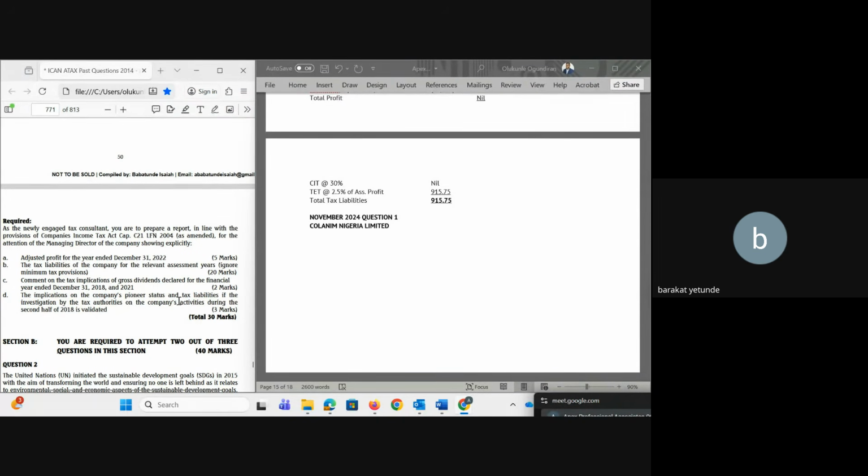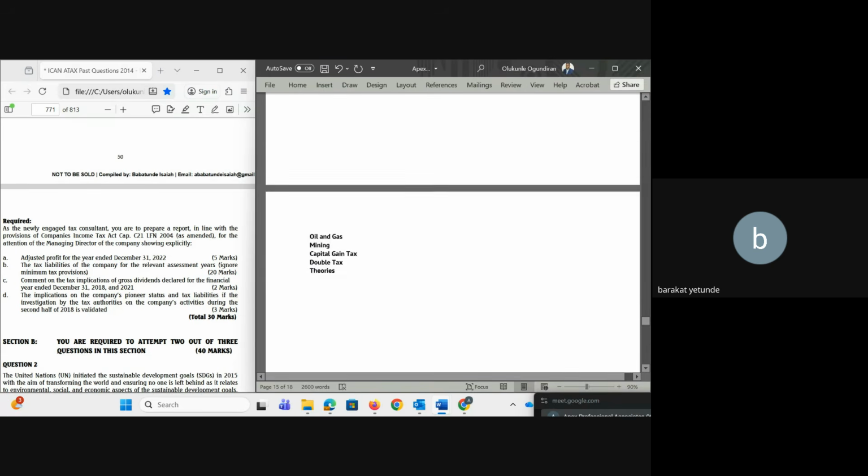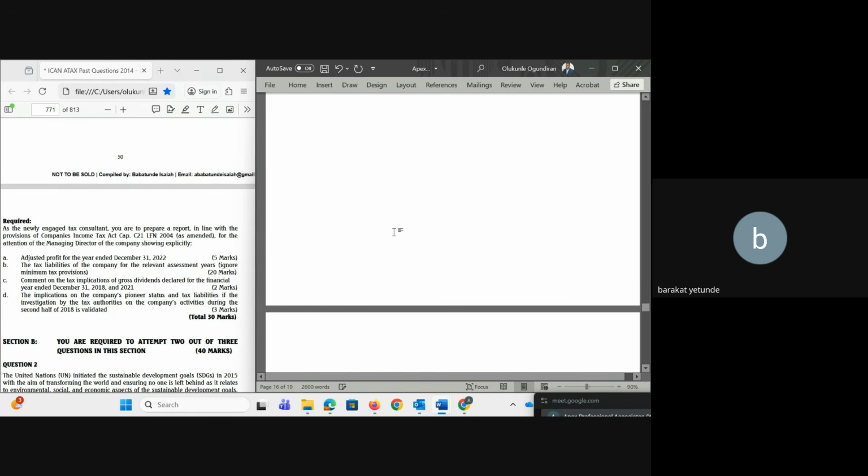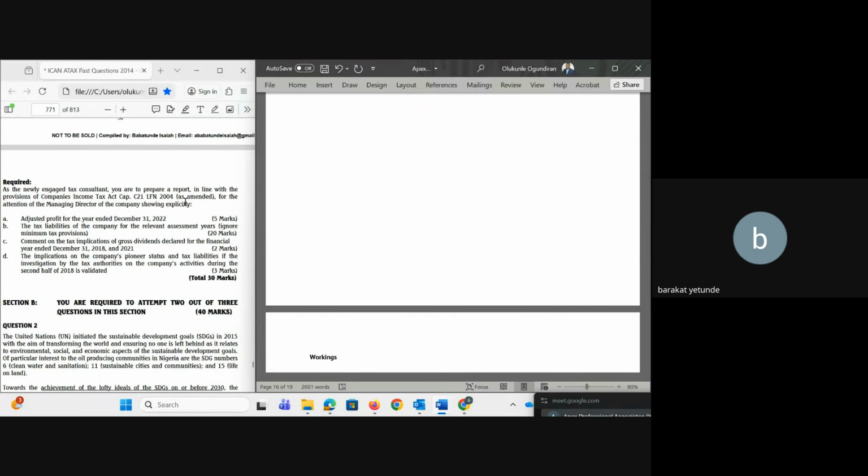B, the tax liability of the company for the relevant assessment years, ignoring minimum tax provisions. C, comment on the tax implications of gross dividend declared for the financial year ended December 31st, 2018 and 2021. D, the implication of the company's pioneer status and tax liability if the investigation by the tax authority on the company's activities during the second half of 2018 is validated.